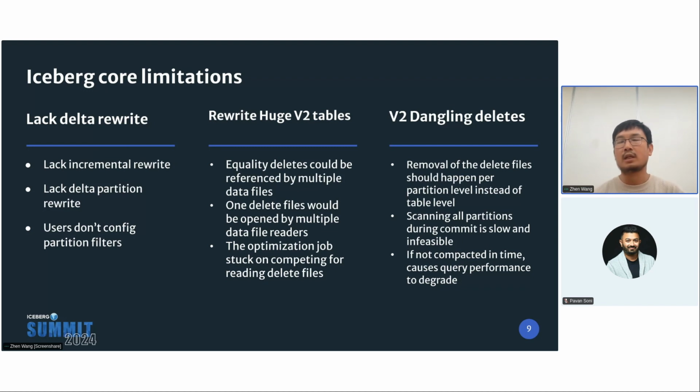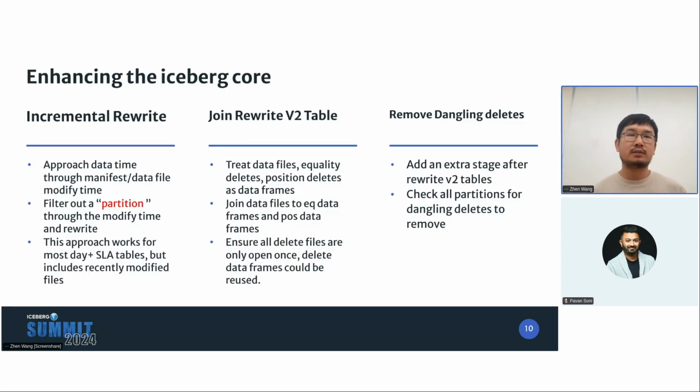So we have an approximation regarding what delete files to remove, but the case is that some of the data files could retain delete files in other partitions. So this is not what we wanted. So we are enhancing the code to address these limitations.